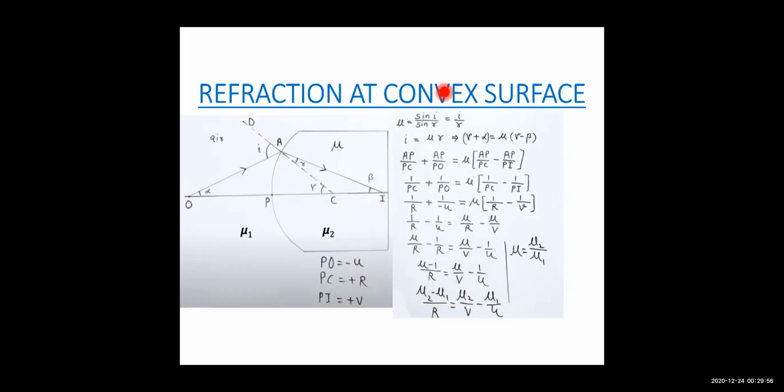Now we know, children, when angle i and angle r are very small, we can write sin i to be nearly equal to angle i. Similarly, here we are telling that angle i and angle r are very small.